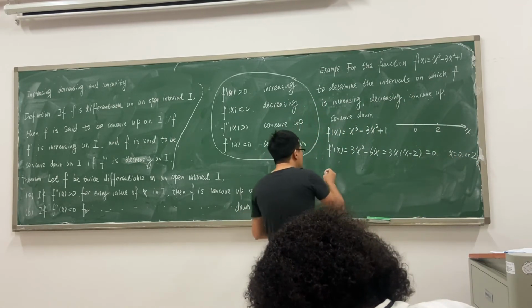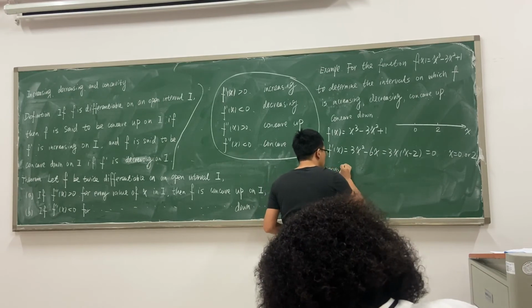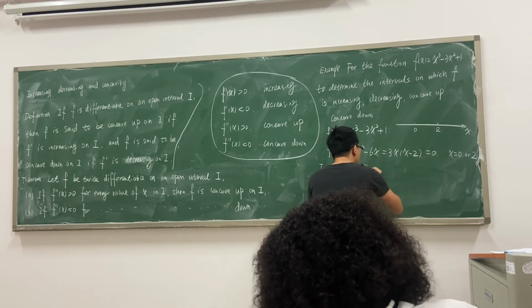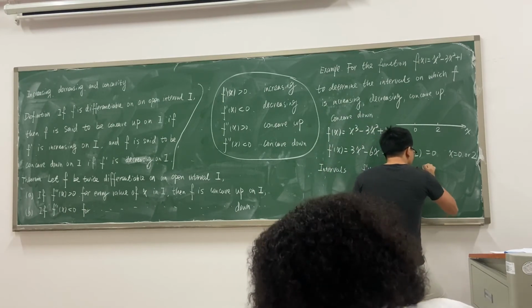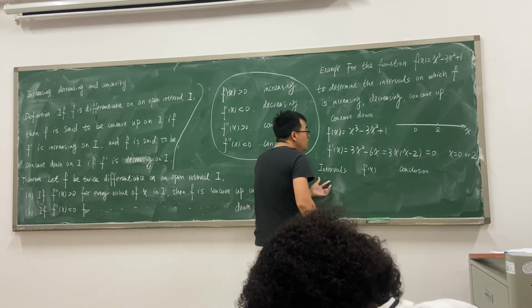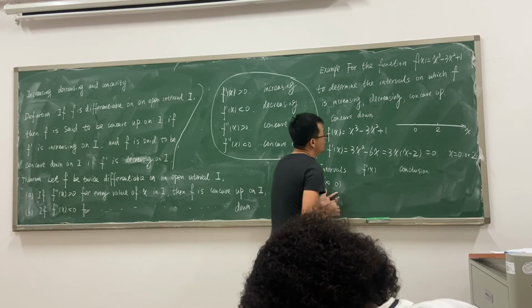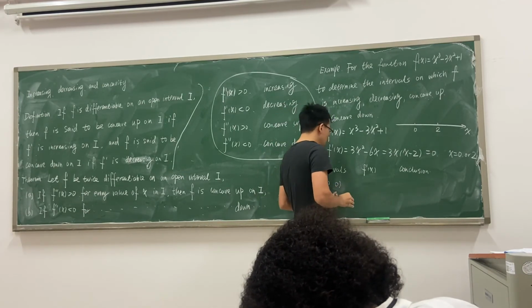So here we list a table with intervals and f prime. For minus infinity to 0, what is f prime?